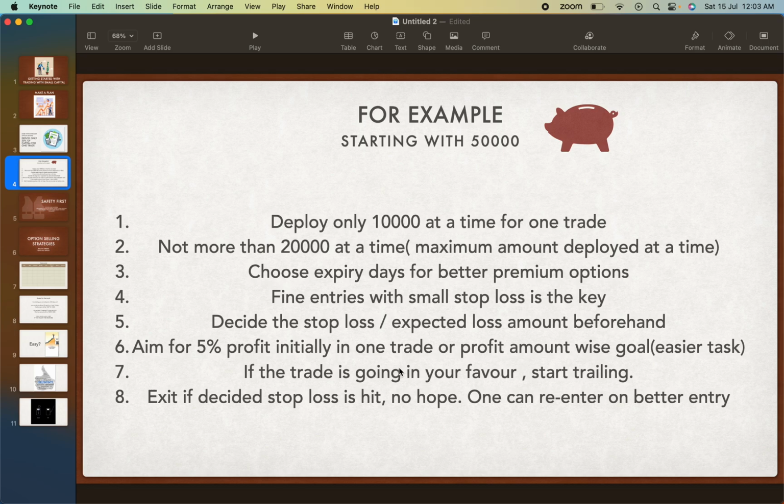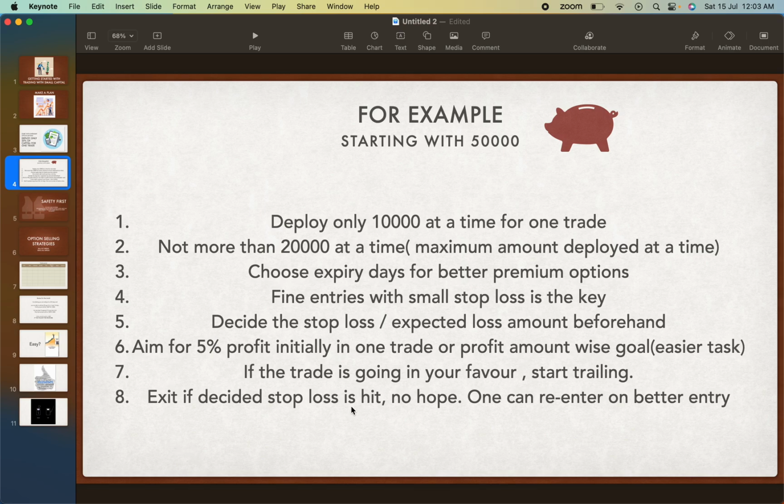So once the trade is going in your favor, you can start trailing your order to cost to cost. So at least if the trade gets reversed, you will not exit in loss, you will exit at cost to cost. If it is going ahead, you can use some trailing methods and start trailing. Minimum 5% is what you have to aim for. More than that, the more the merrier.